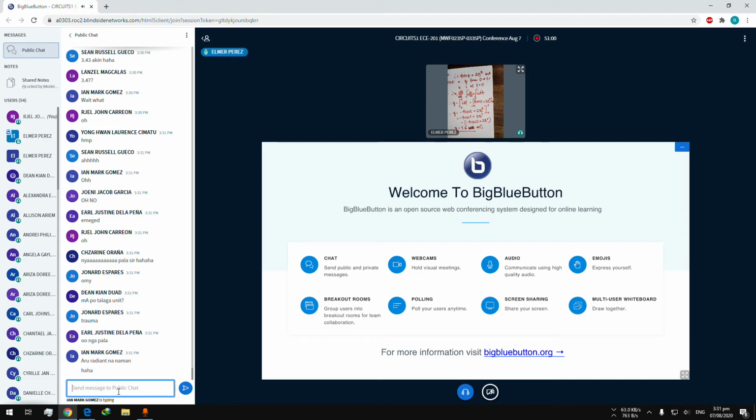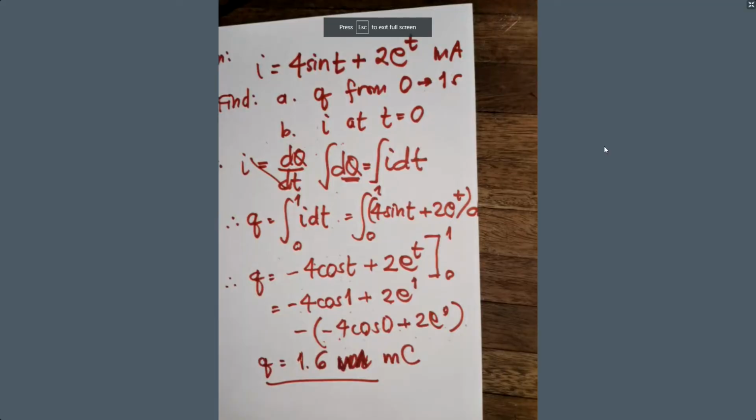Baka mali ako ng pag-input sa calculate. Okay, ang nakuha ko ay 1.597777288.